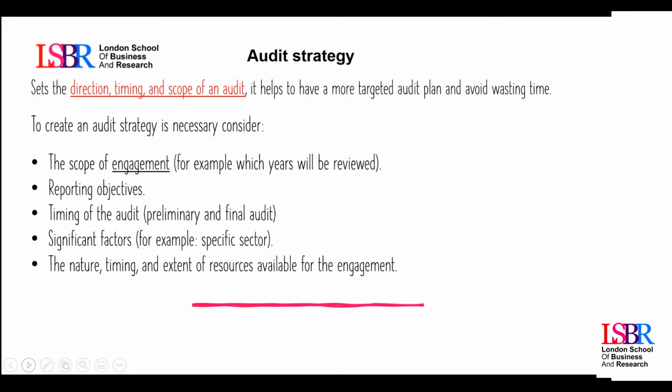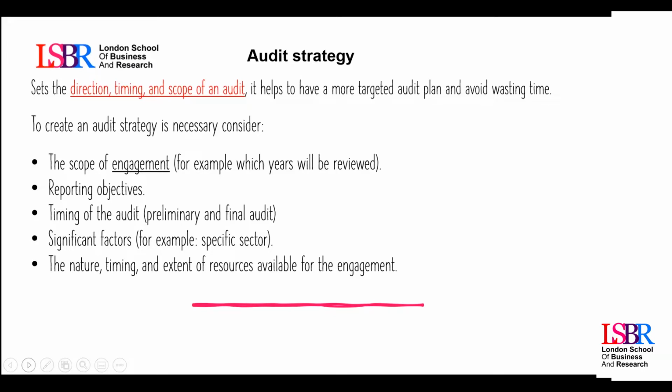And a strategy in auditing is necessary too, because a strategy in audit sets the direction, the timing, and the scope of an audit. And it's very important, because if we have a strategy, we save time, and basically we take advantage of all the elements that we have as external auditors.